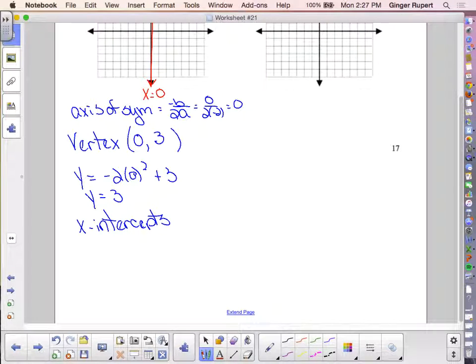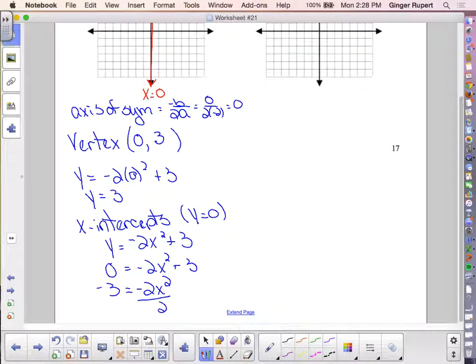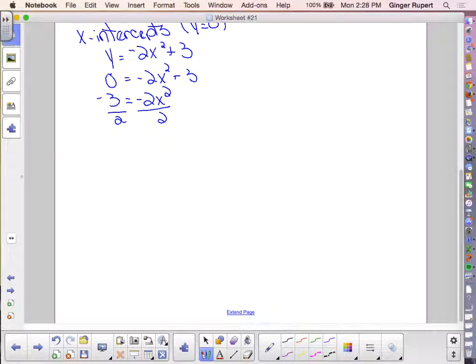Because it's in the form of y is equal to negative 2x squared plus 3, the x-intercepts occur when y is equal to 0. So I'll substitute a 0 in for y. And then solve this for x by subtracting 3 from both sides, dividing both sides by negative 2, sorry.